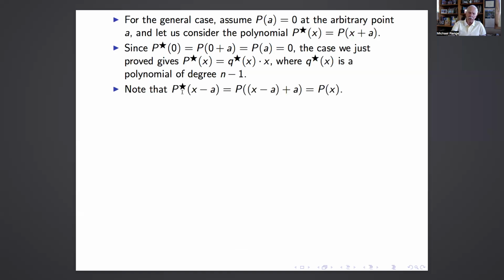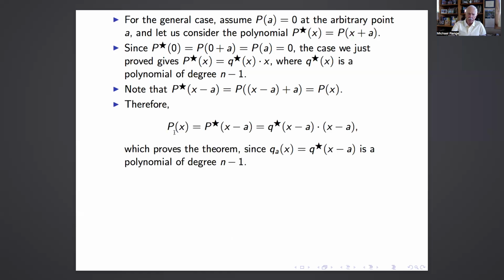Now we want to get back to p, but note that that's very easy. P star evaluated at x minus a is the same as p evaluated at x minus a plus a, so the a cancels here, and you just get back p of x.